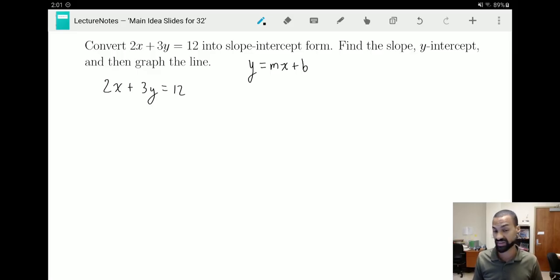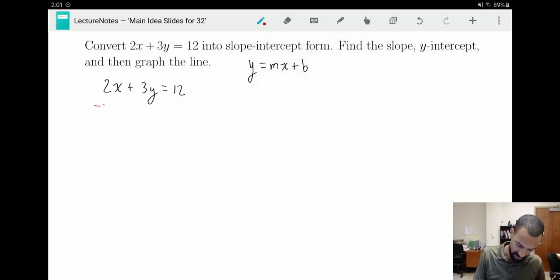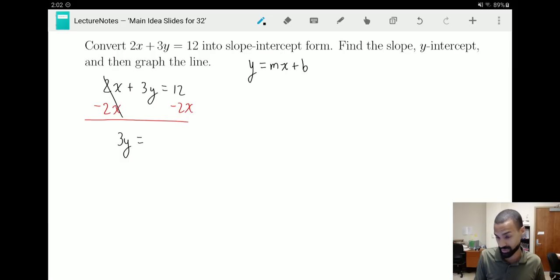I have to get y by itself in order to make that happen. So I have a variable term here with an x, a variable term here with a y. I only want the variable term with a y on the left side. So I'm going to get rid of this term by subtracting 2x from both sides. Now when you subtract, it'll eliminate that term on the left side. It reappears on the other side as a negative.